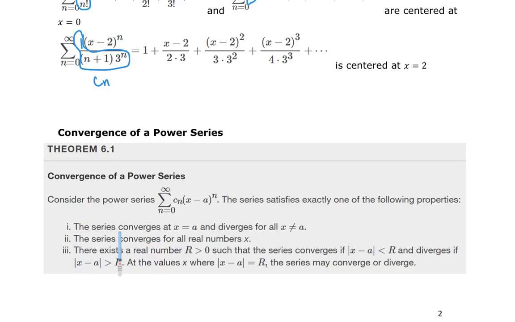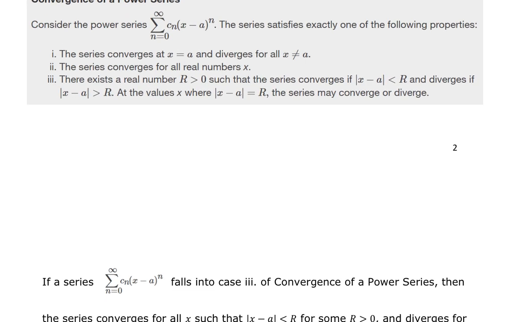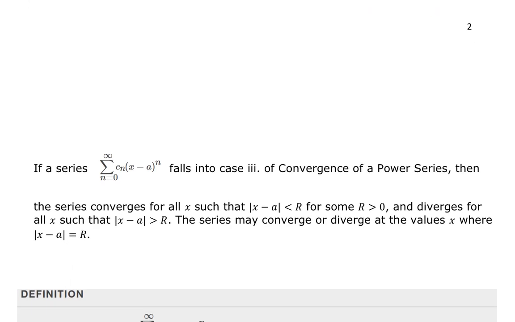So either it only converges at the center, converges for whatever number we choose for x, or it converges on an interval, and then we have to check the endpoints of that interval to see whether or not it converges at the endpoints. So if a series falls into case 2, the series converges for all x. In other words, it's just saying we have to check to make sure this is going to work or not.